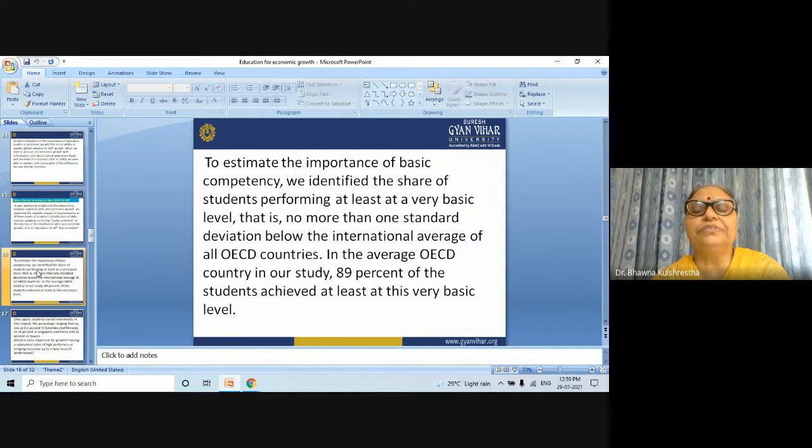The share of students with at least basic skills ranged widely among the countries, from as low as 18% in Peru to 97% in the Netherlands and Japan.